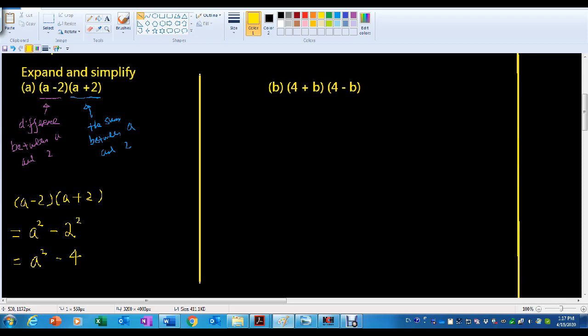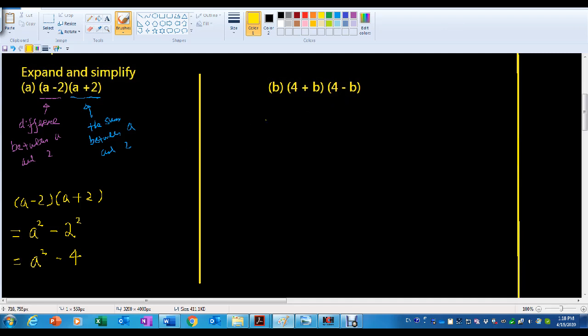Let's see part B. Do we see a difference between two terms and a sum of two terms? Yes, this time the first binomial is the sum of two terms and the second binomial is the difference. But essentially they're the same.